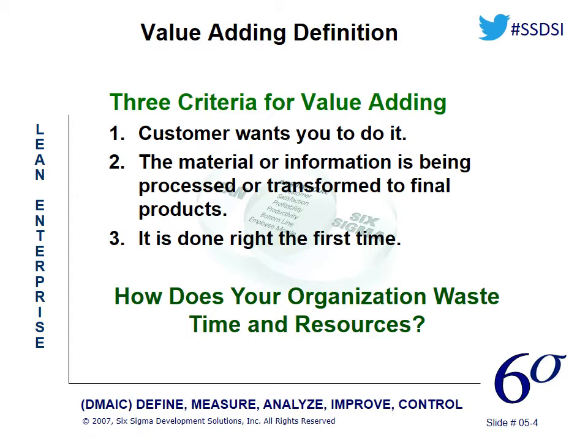So I say, if the customer wants you to do it, as long as it fits within that value-adding criteria, and the value-adding criteria partly is it doesn't fit into the 7 wastes.